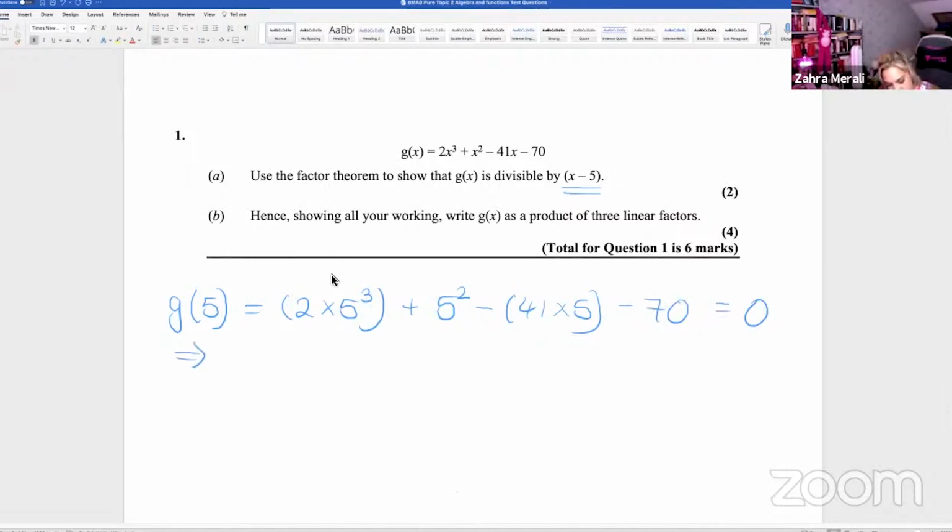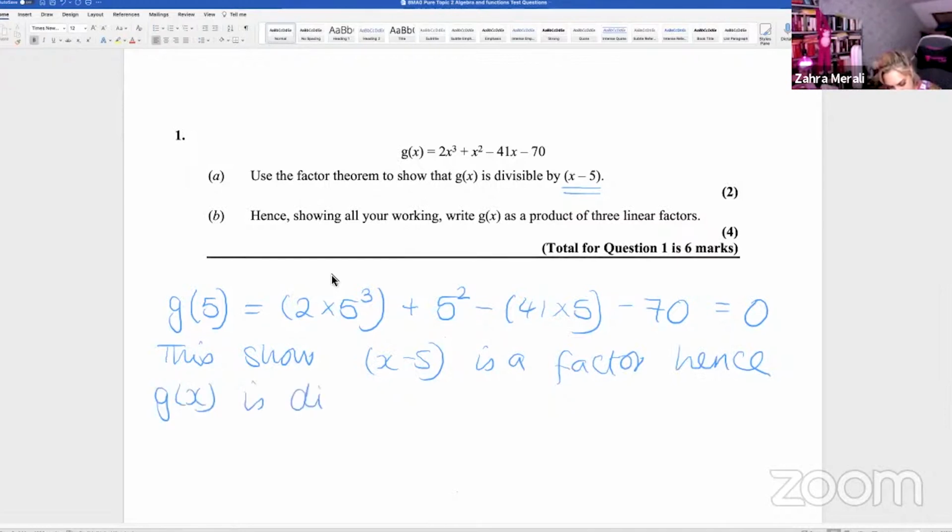And then you can just say, this shows x minus 5 is a factor, hence g of x is divisible by x minus 5. You have to write the sentence even though you've just used the factor theorem here.